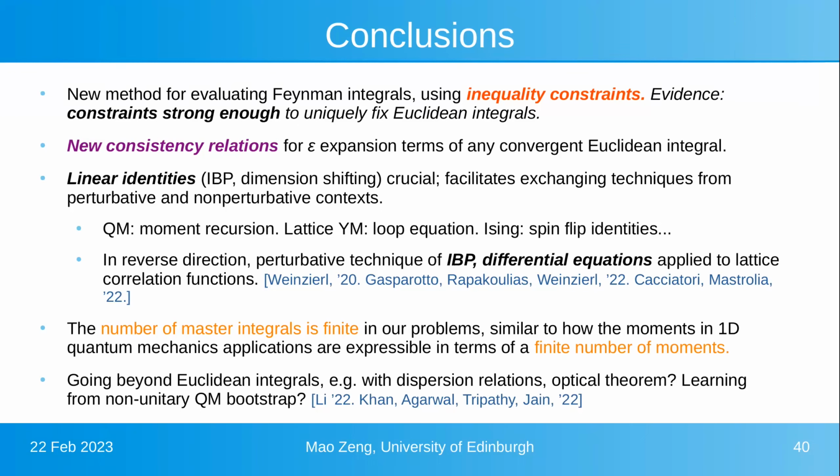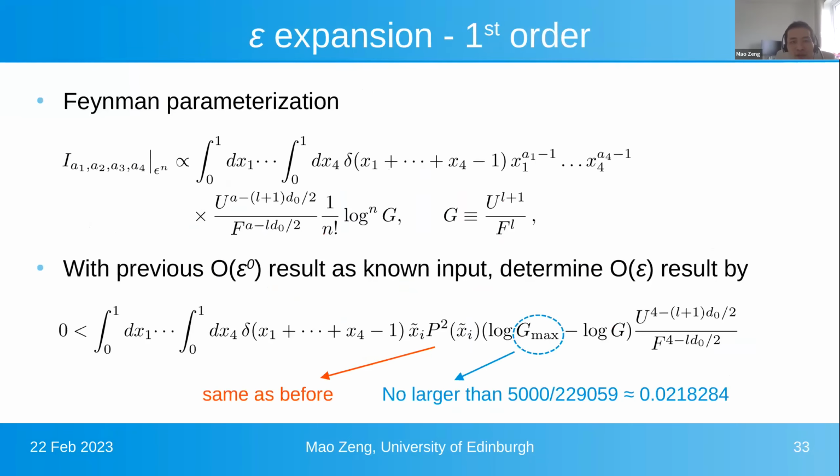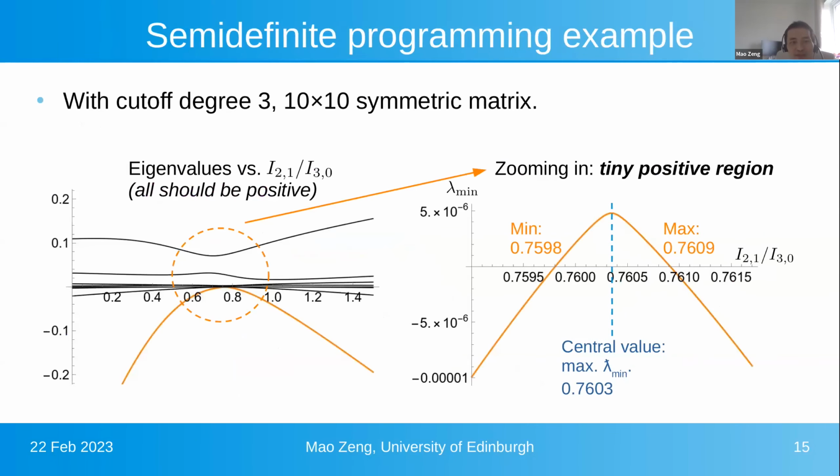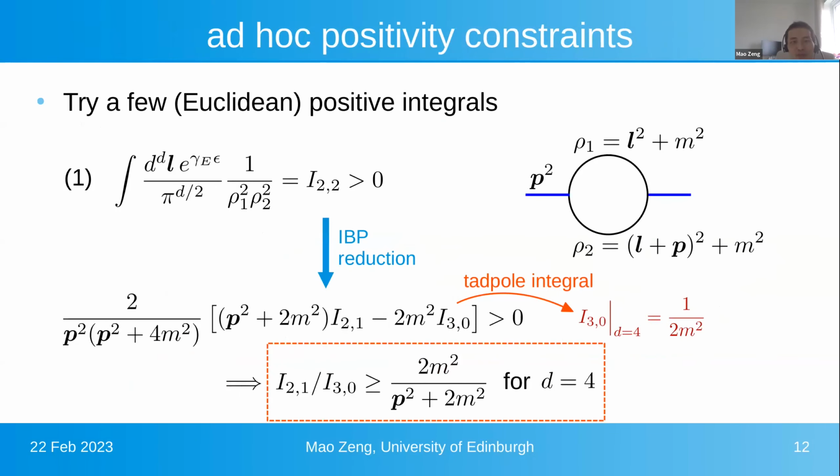All right, can I ask, Mao, do you think you know how to prove that this hierarchy of SDPs actually does converge to a point? I don't have a good idea, but the intuition I have is that through this procedure of integration by part reduction, if I have a very high cutoff degree, I will get very large numbers here for the powers of the propagators.